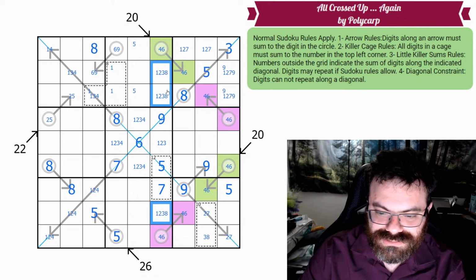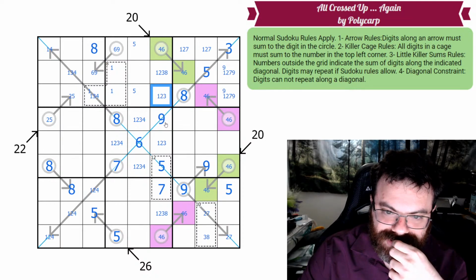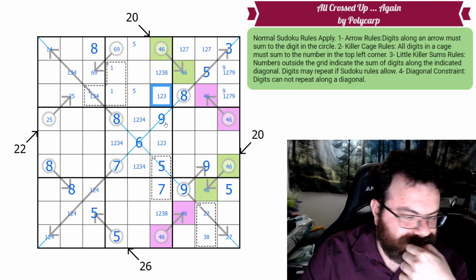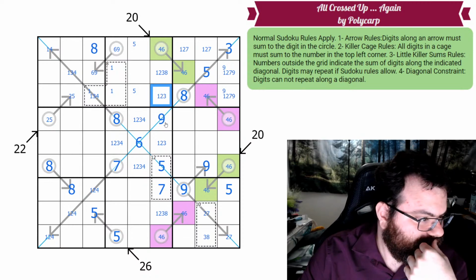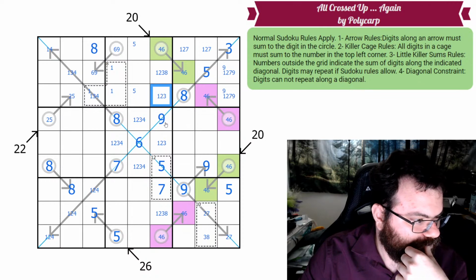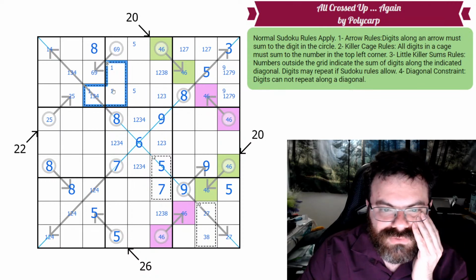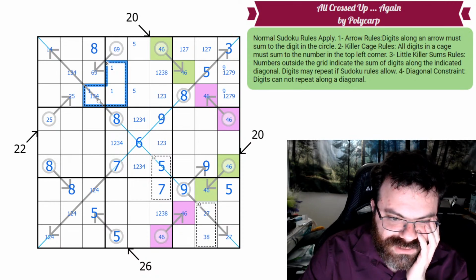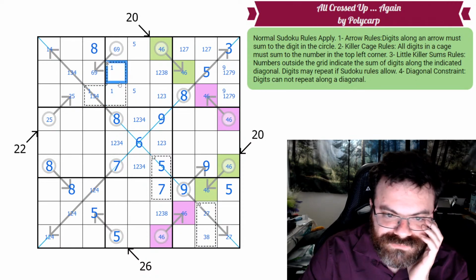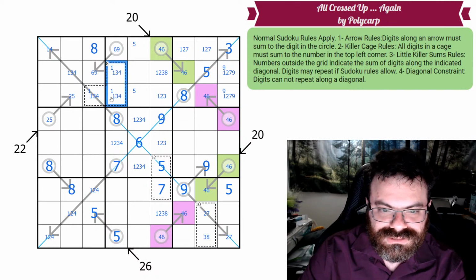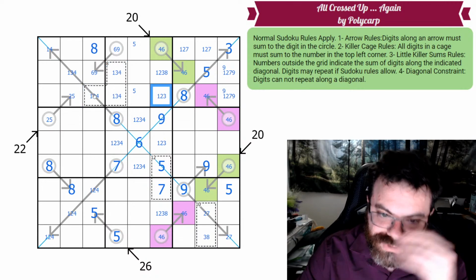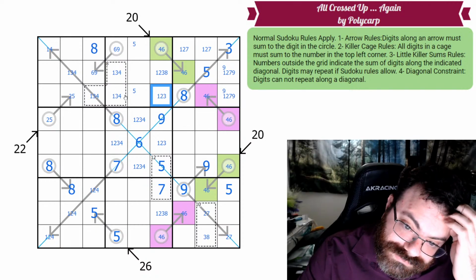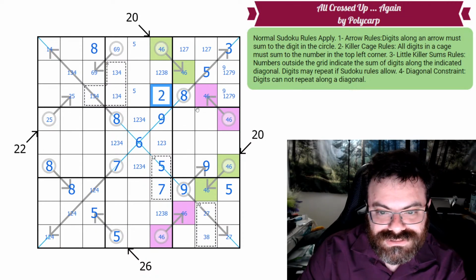So that can't be 8. It sees the whole. Well, we don't know the 8 cage is 1, 3, 4. The 8 cage could be 1, 2, 5, couldn't it? Oh no, the 8 cage can't be 1, 2, 5 anymore. Because none of these can be 5, so it is 1, 3, 4. Okay, and this sees all of the 1, 3, and 4. So that's a 2.